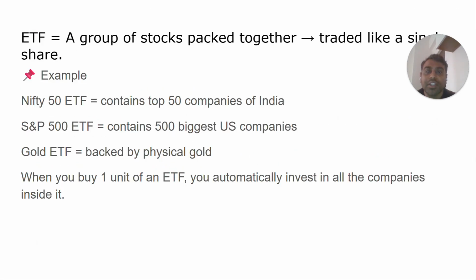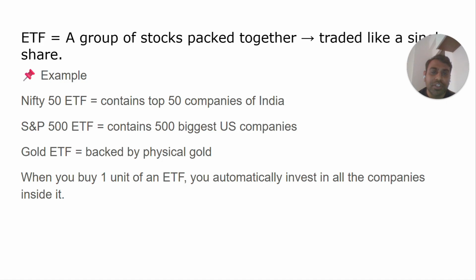So, what is an ETF first of all? An ETF is basically a group of stocks packed together in one basket. The most popular ETF in the Indian stock market is Nifty Bees. Nifty Bees contains the top 50 companies across India, and the index tracks all these companies.